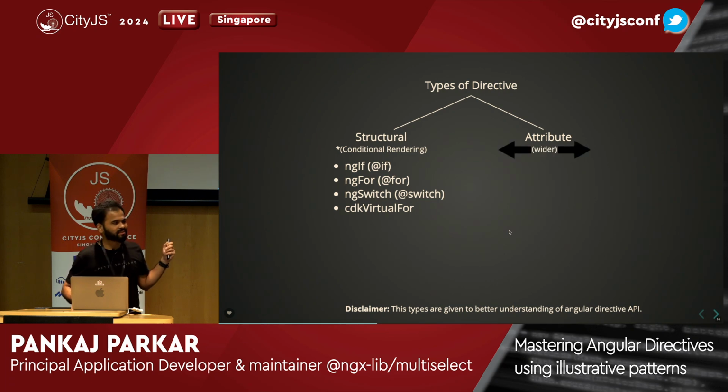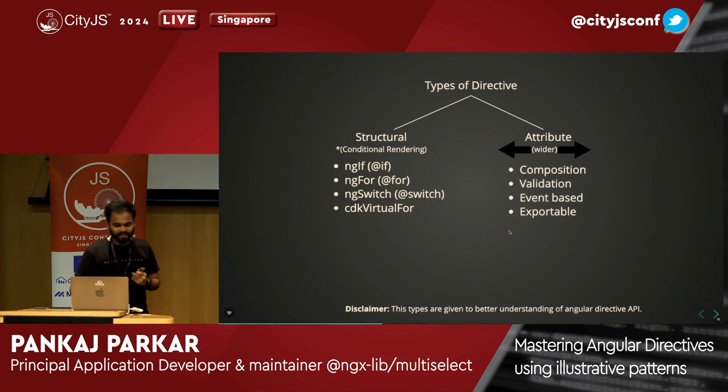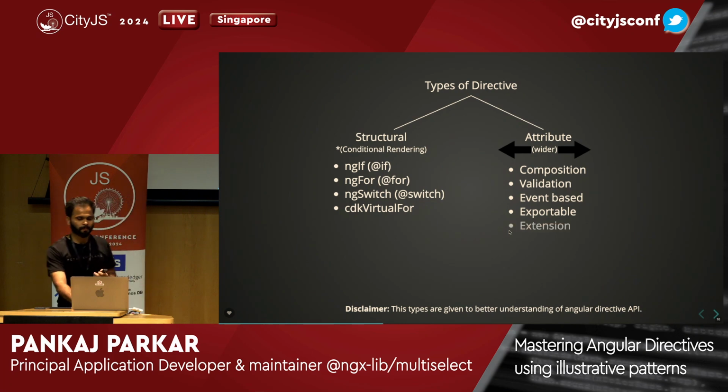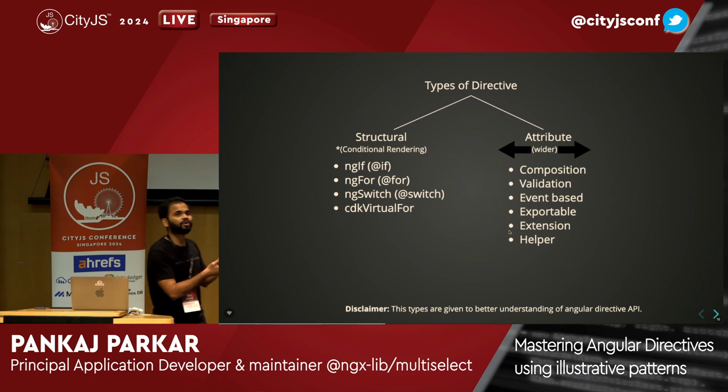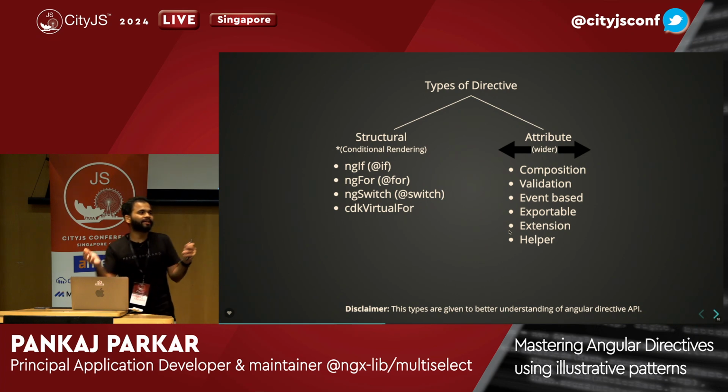So since it was a wider spectrum, I tried to divide the directives into different types: composition, validation, event-based, exportable directive, extension and helper. Just a disclaimer here, these types of directive are not in the Angular documentation, so we are using them for a simpler illustration of how to learn the Directive API.